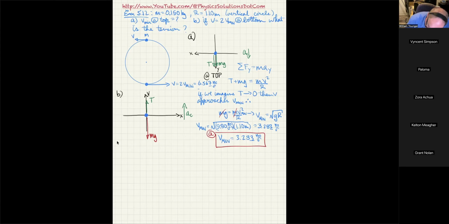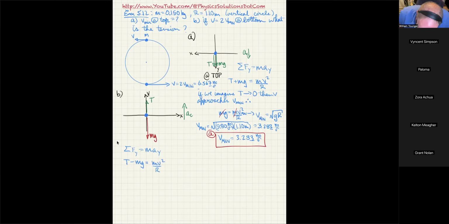So now we can write the summation of the forces in the y direction equals mass times acceleration in the y direction. In this case, we get T minus mg is equal to mv squared over r.